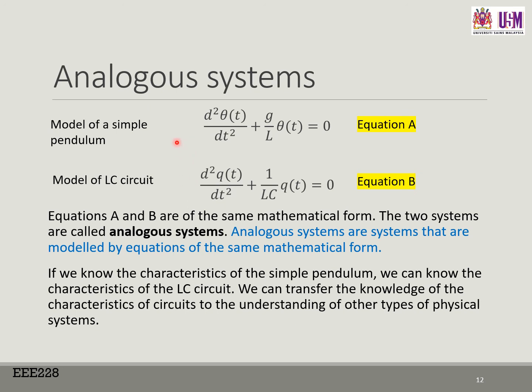So these two systems have the same mathematical form, and are called analogous systems. By definition, analogous systems are systems that are modeled by equations of the same mathematical form. This means that if we know the characteristics of one system, then we can tell what the characteristics of the other system are.